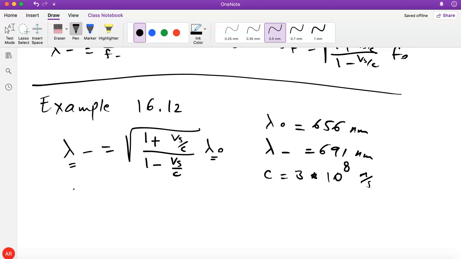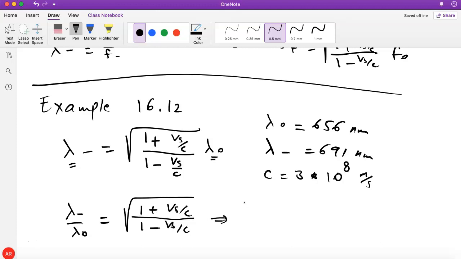Well, we can write lambda minus over lambda naught is that square root of (1 plus Vs over C) over (1 minus Vs over C). We can square both sides to get rid of the square root.